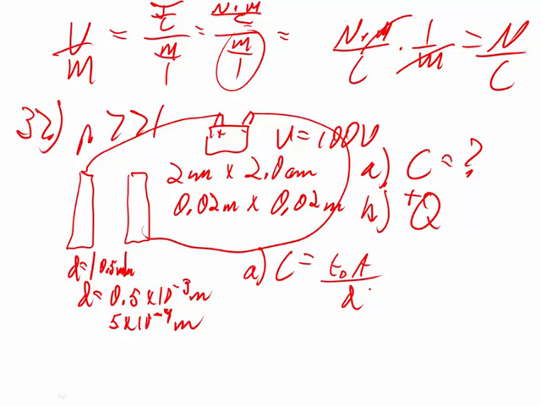But that's not what we're doing. We were given the dimensions, so this is a little bit more precise equation, whereas the general capacitance equation works too if we don't have the dimensions.